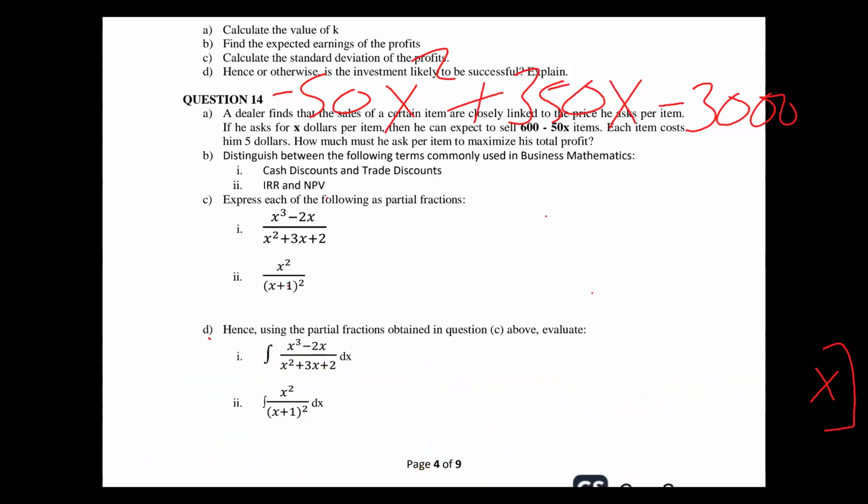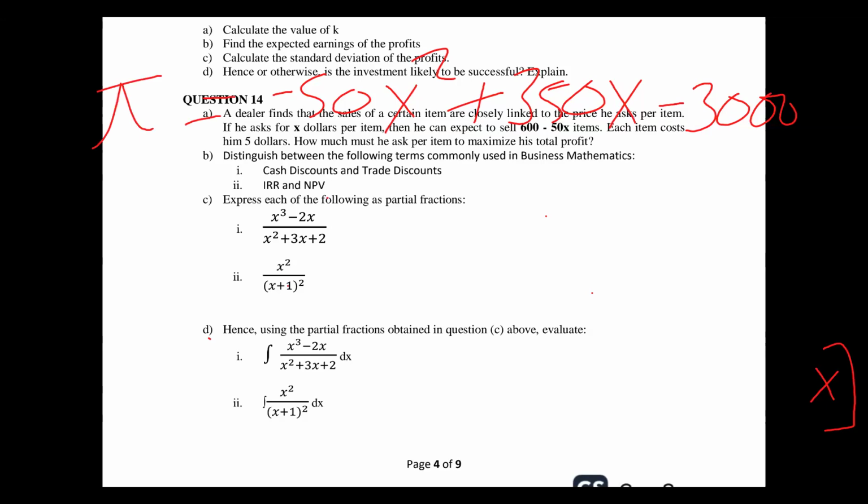We're looking for the total profit function so that we can differentiate it. This is our total profit function, yeah? You're following it? Then the total profit function can be differentiated so that we can solve for x.